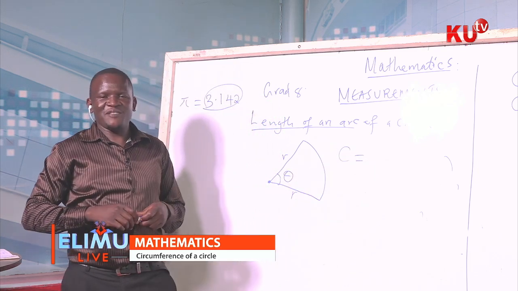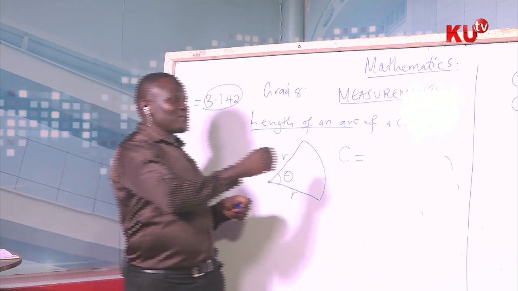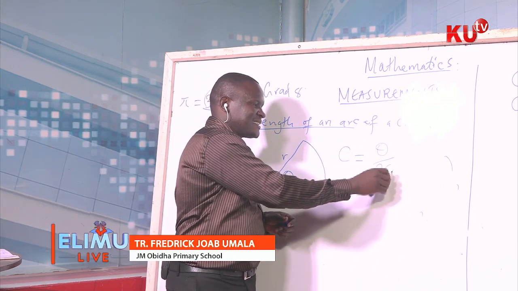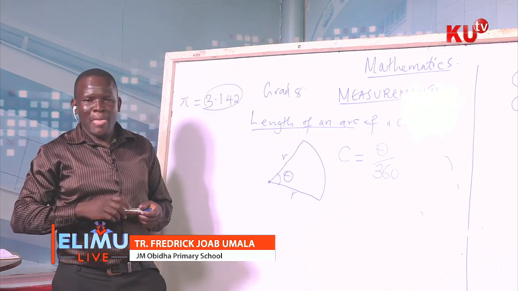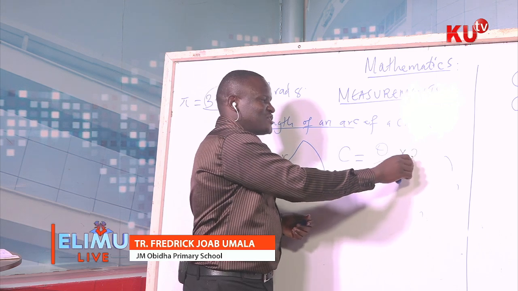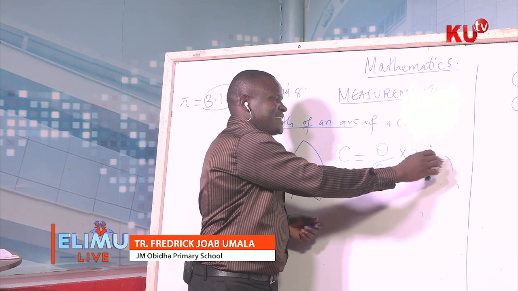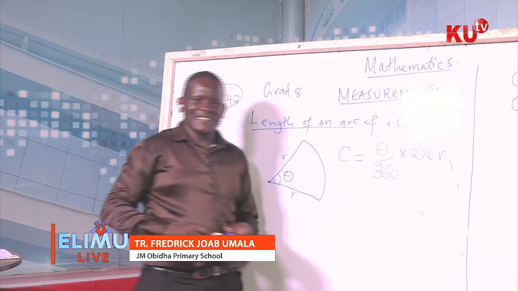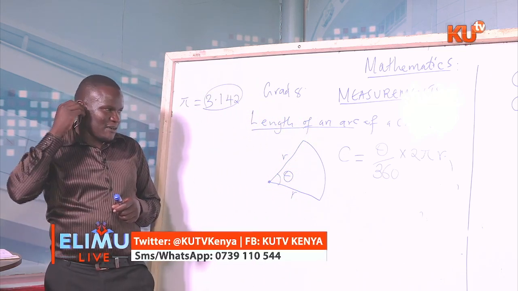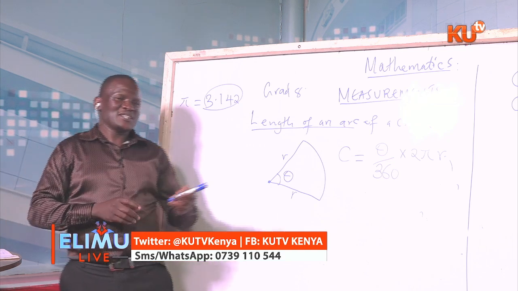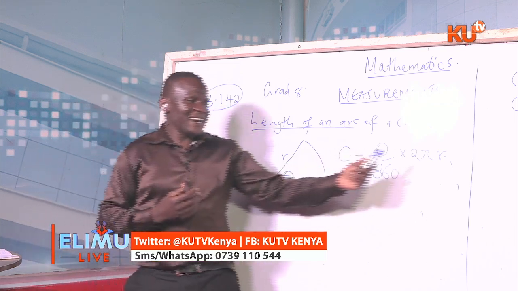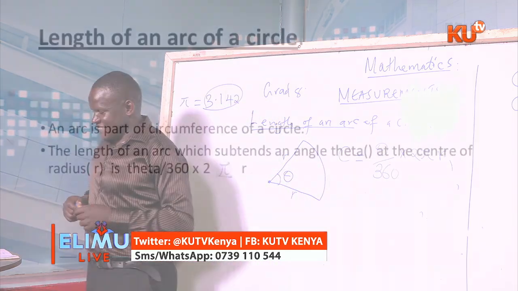Circumference of the arc will be equals to theta over 360 times 2 pi r, because this angle is subtended at the center by the given radius.